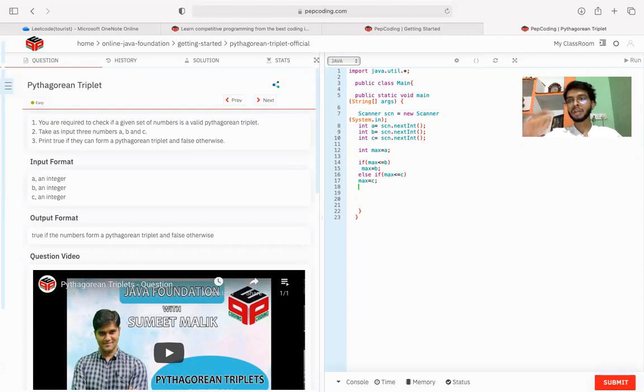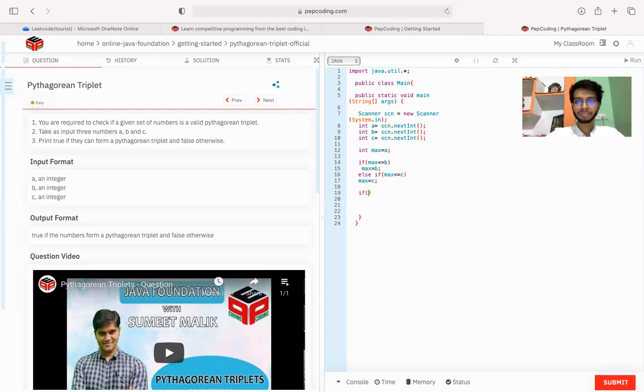Now I'll write the condition where I check whether these are a valid Pythagorean triplet or not. How am I going to find that? If these are a valid triplet, then they must satisfy the condition that h square is equal to b square plus p square.